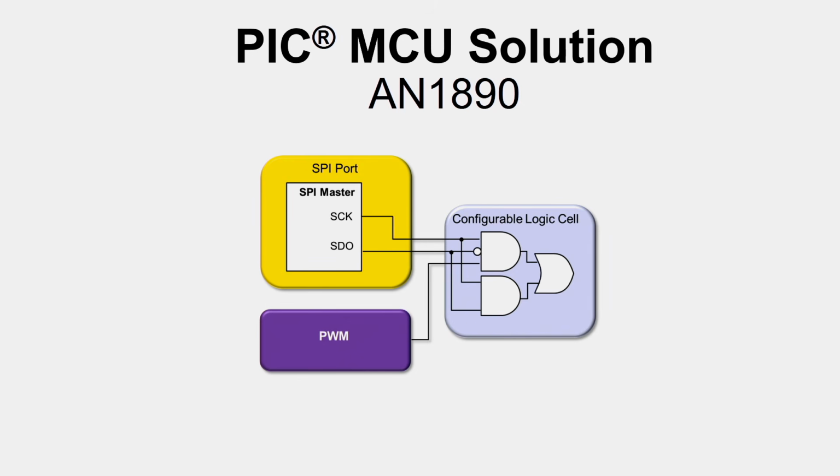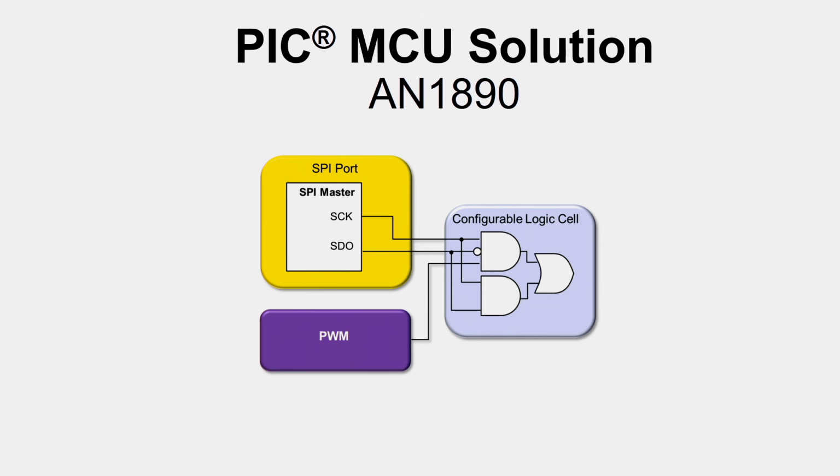It has latches and sequential logic, which may look like a very basic peripheral, but here is one of the powerful aspects of it. Here's a real-world application, and we have the application note online, so you can check the detail on that. That's what the AN number is. If you go to Microchip's website and type AN1890 into the search field, it should pull up that app note for you.